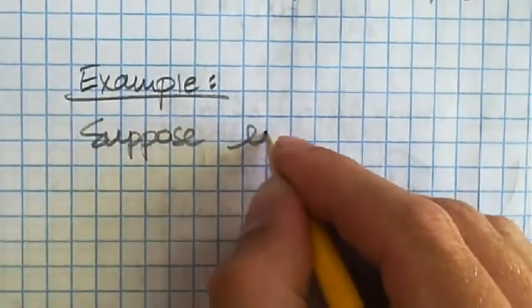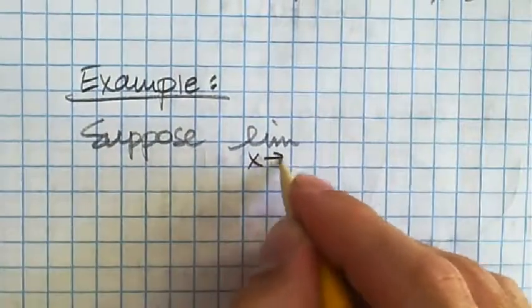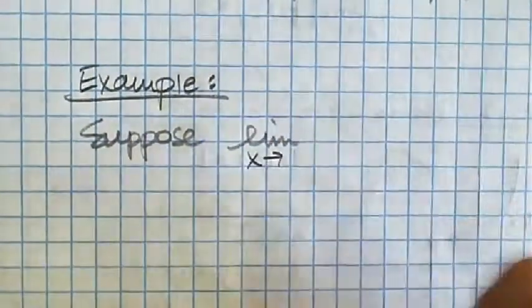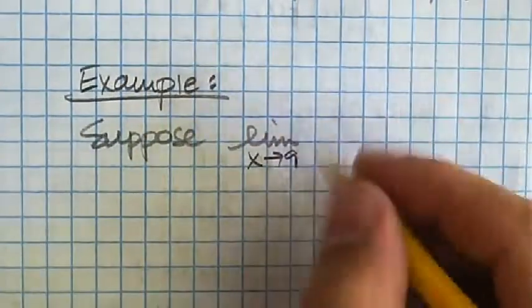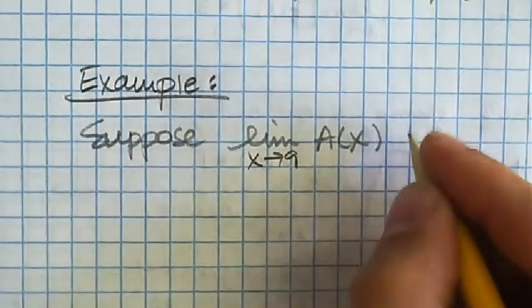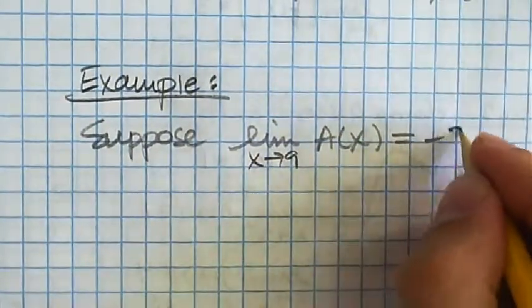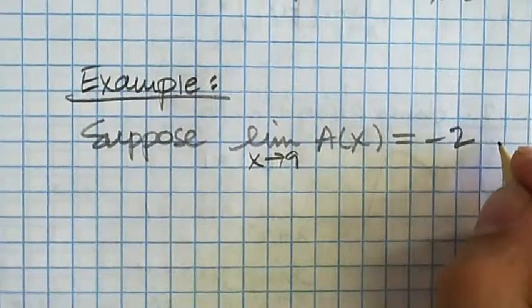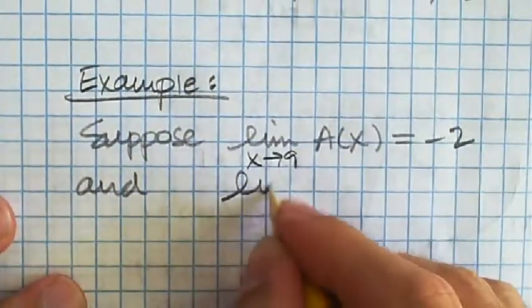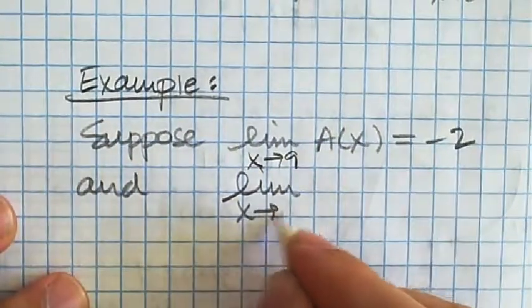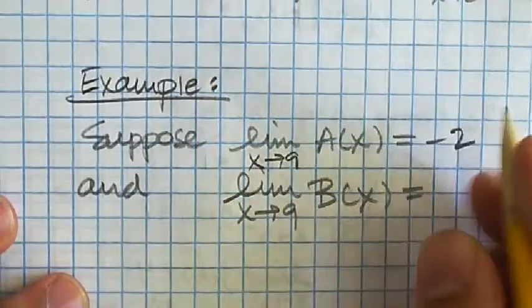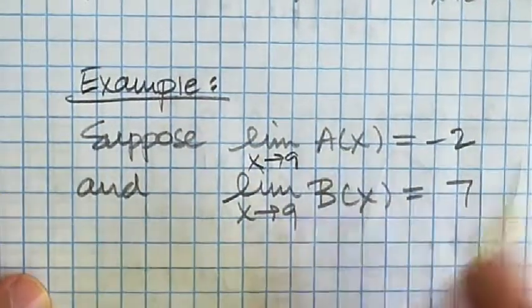Suppose the limit as x approaches 9, like in the homework, of a of x is equal to -2, and the limit of b of x as x approaches 9 is equal to 7.